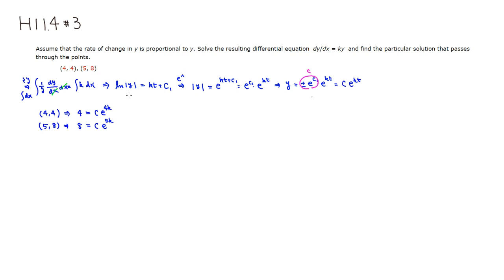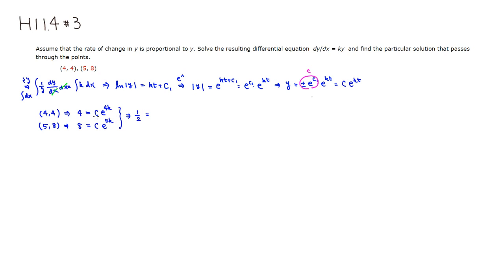Then what we want to do is eliminate either C or k so that we can solve for this. One way is to do a division. So I'm going to do 4 divided by 8, which is 1/2, equal to C e to the 4k divided by C e to the 5k.